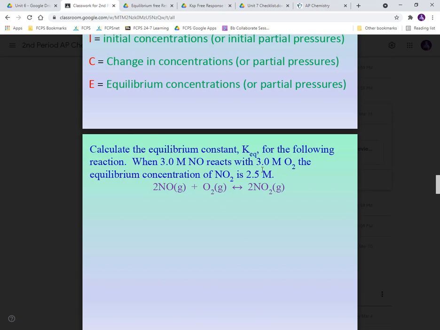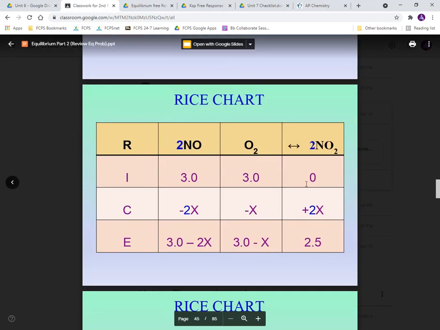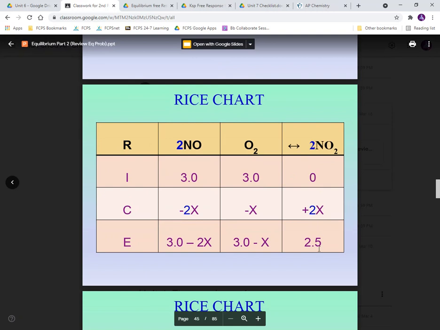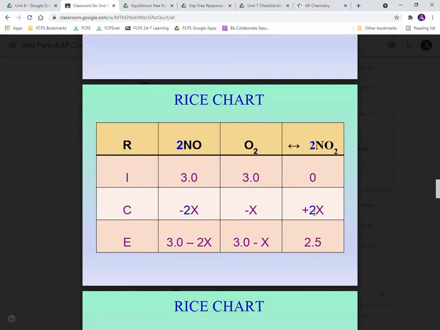So review this type of problem because you can use the difference between the initial and the equilibrium concentration to find your X value. Remember, if you're not given anything for the products, you assume they start at 0, so you know which way it shifts in that particular case. So here we're assuming this one starts at 0, and then you can use the 0 to 2.5 and figure out what X is.